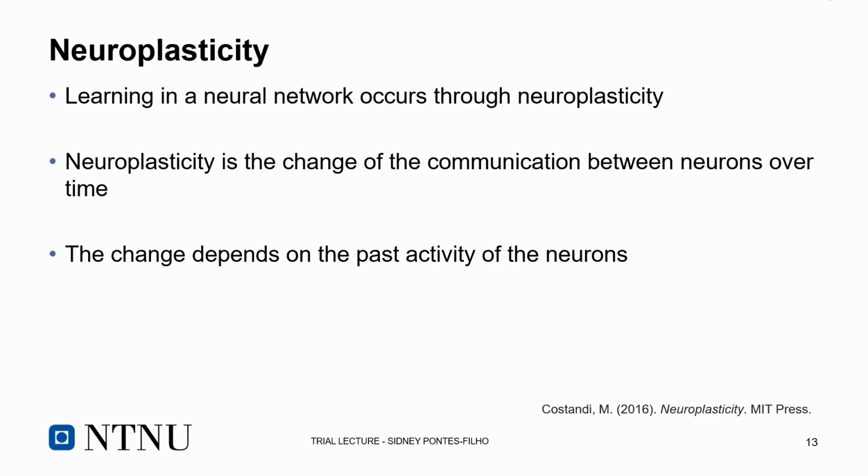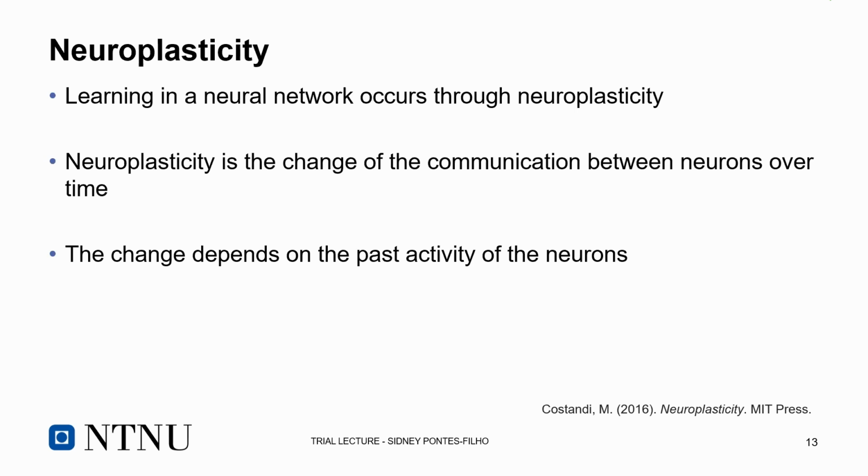Okay, so let's talk about neuroplasticity. For comparing learning rules, I thought about how these two neurons work, the biological neuron and the artificial spiking neuron, and how those two neurons are going to learn, how they are going to modify to learn something. The way that they learn is, of course, using neuroplasticity. And neuroplasticity is the change of communication between the neurons over time.